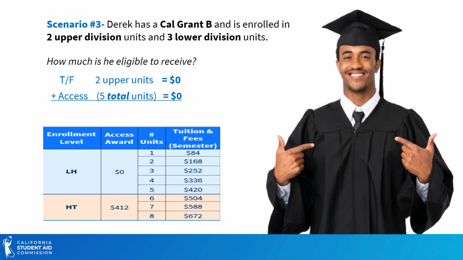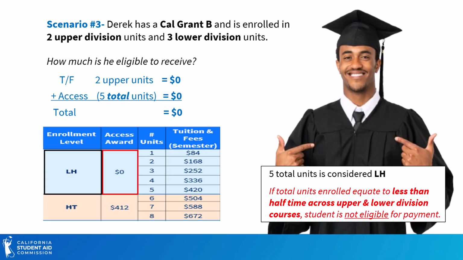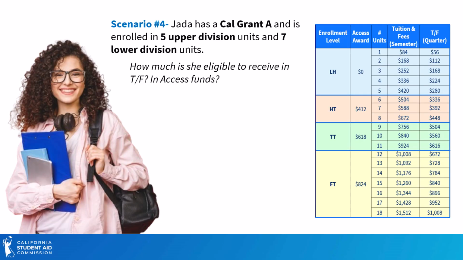Access is based on the 5 total units enrolled, also less than half-time status, so he will not receive access funds either. Unfortunately, Derek is not eligible for a tuition and fees payment nor the access payment due to being enrolled less than half-time across both upper and lower division coursework.